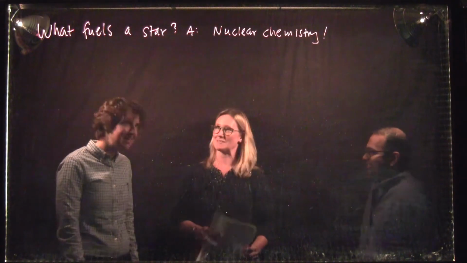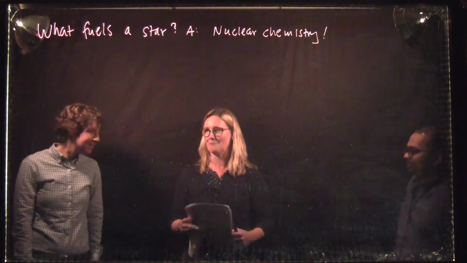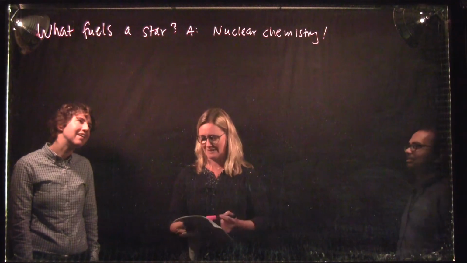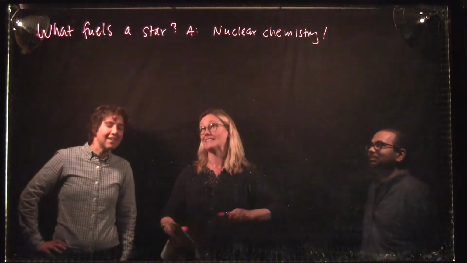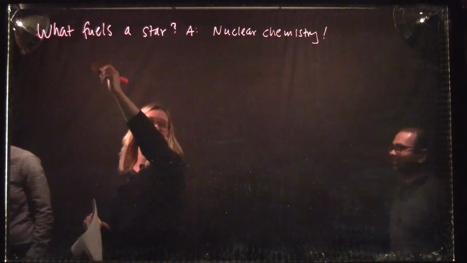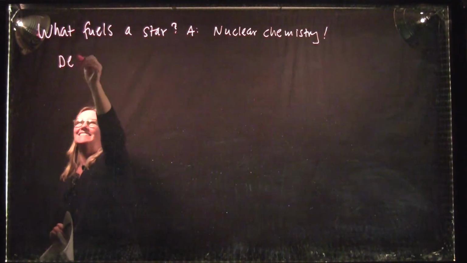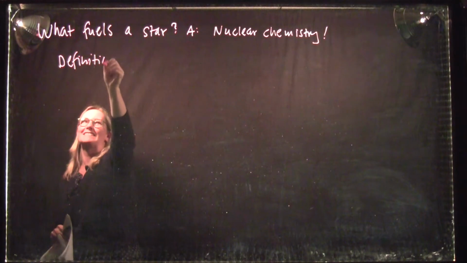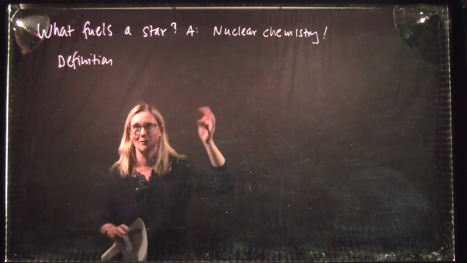So one of the things that we'll start with today in beginning to talk about nuclear chemistry is how the mass of carbon is the definition of the atomic mass unit. Whoa. Last time we briefly introduced this when we talked about the mole.